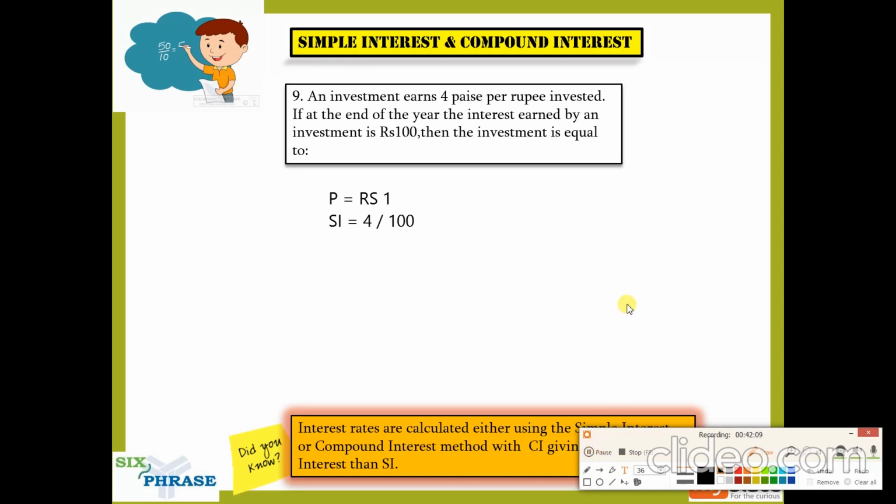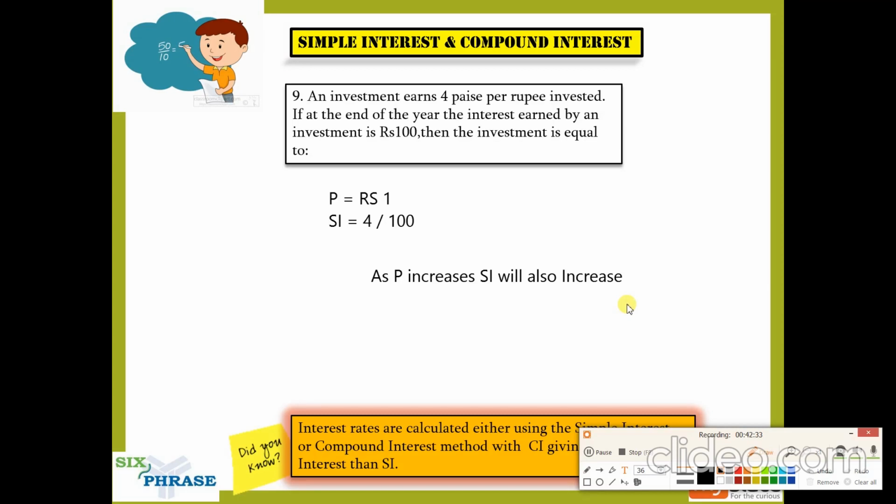What is the relationship between principal and simple interest? As principal increases, will simple interest increase or decrease? Simple interest will also increase, correct, guys? For the constant rate of interest, as P increases, SI will increase.